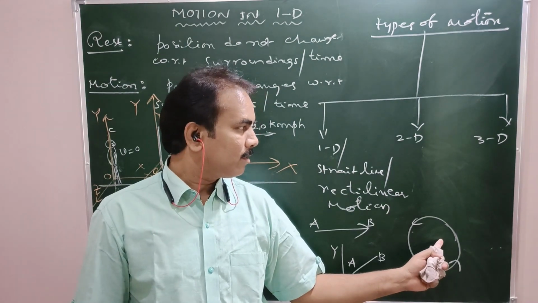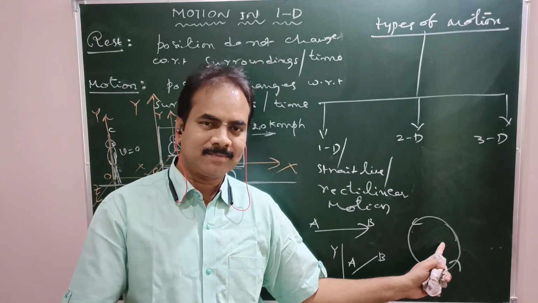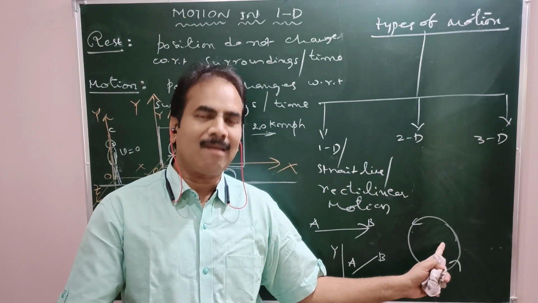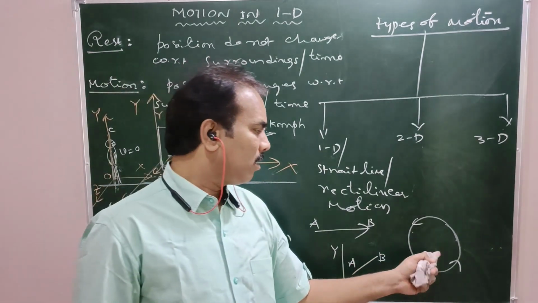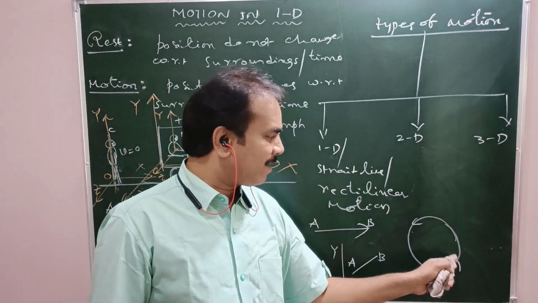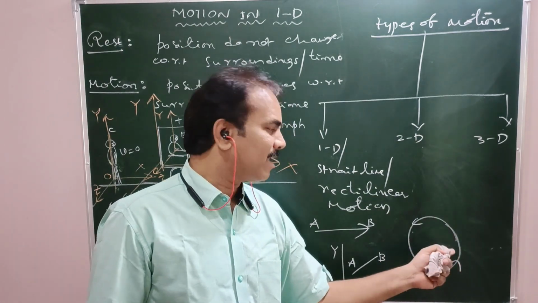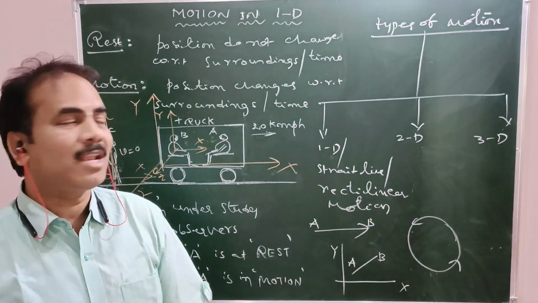If a body or particle moves along a plane along a curved path, then it is two-dimensional motion. In this case also the particle moves in a plane along a curve, here a circle. So this can also be taken as an example for two-dimensional motion.